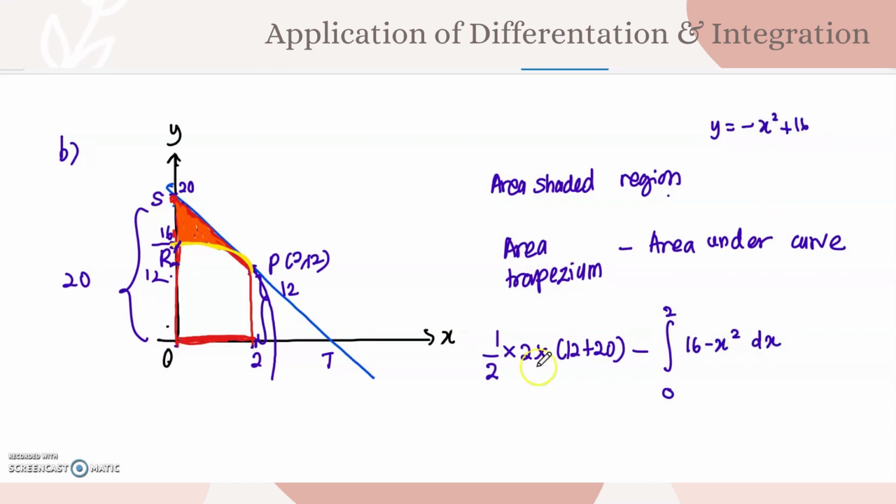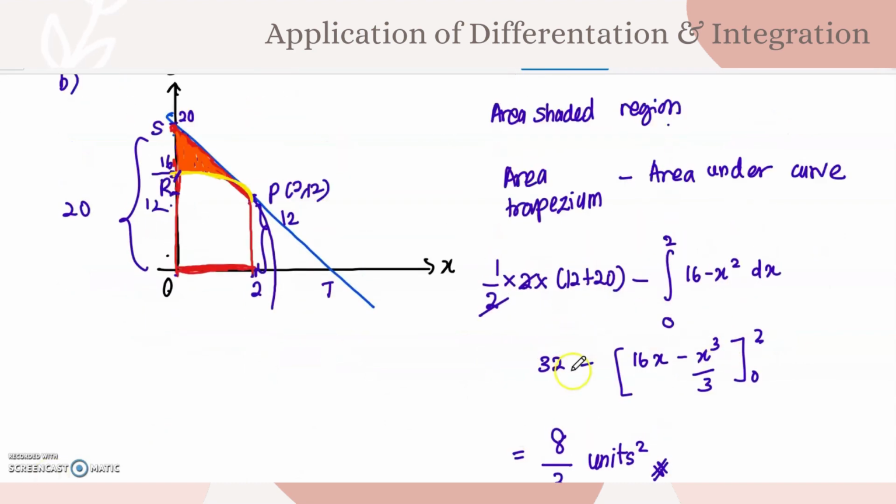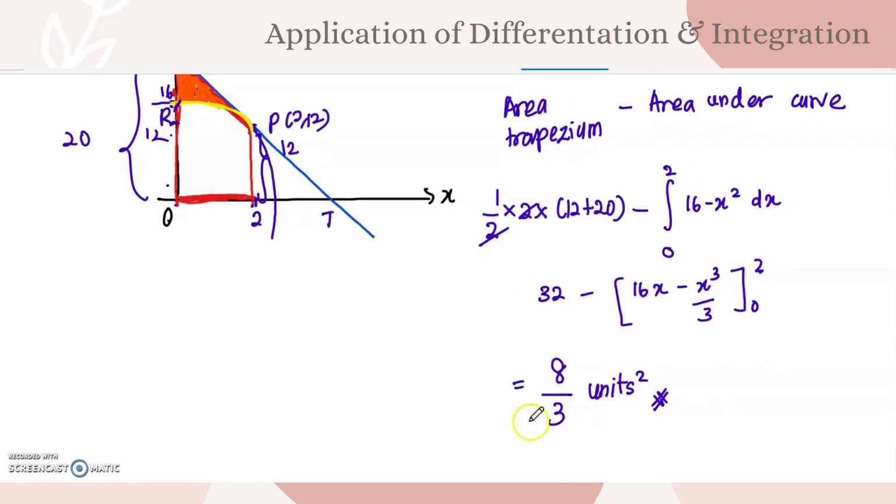So I get 32 minus [16x minus x cubed over 3] with the limit from 0 until 2. Subtracting this, you will get the area of the shaded region is 8 over 3 units squared.